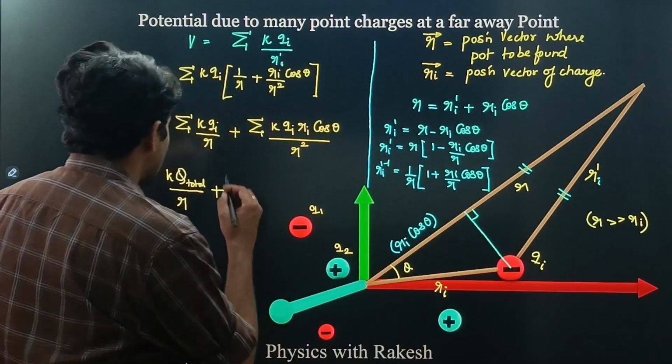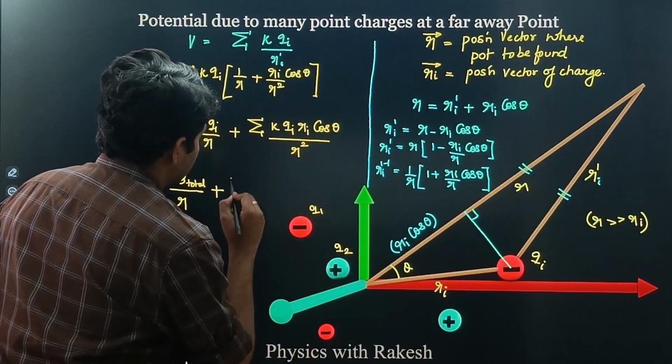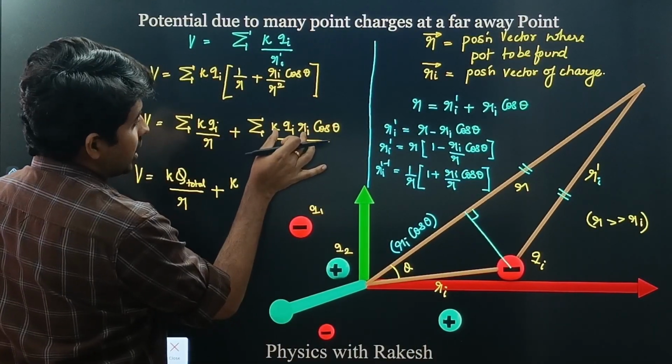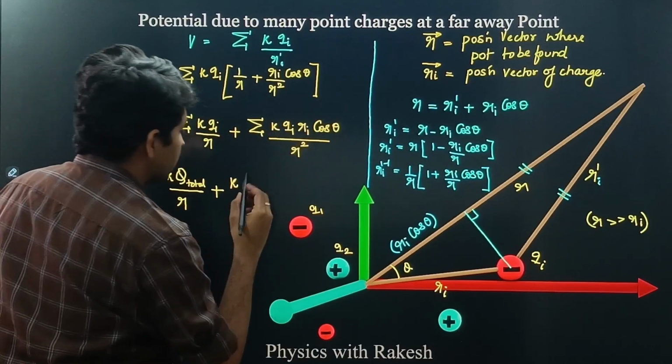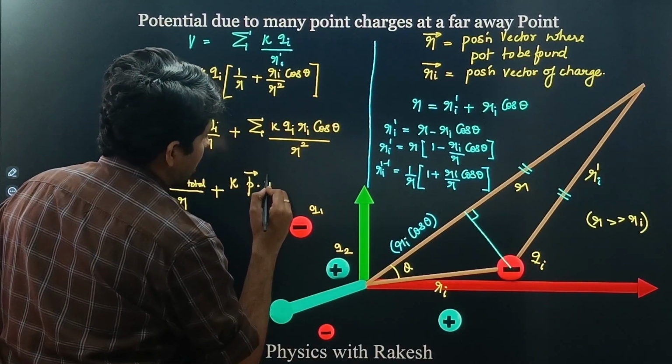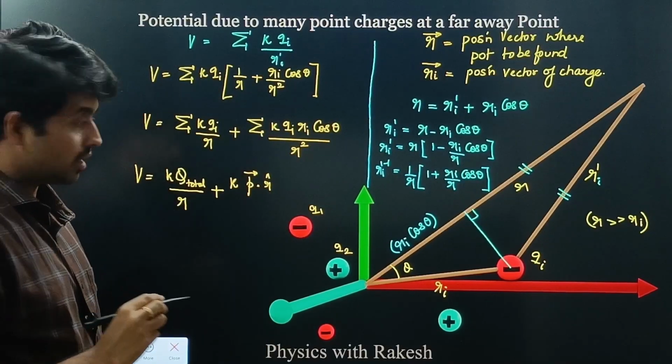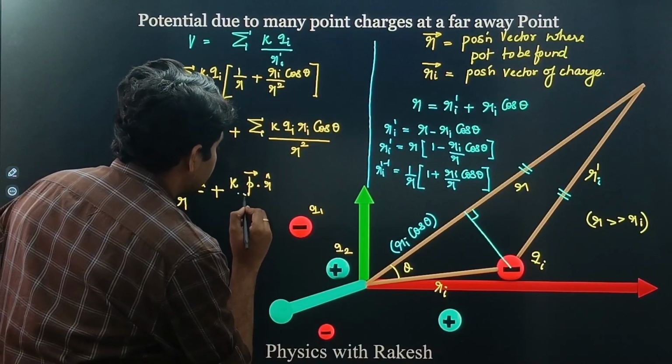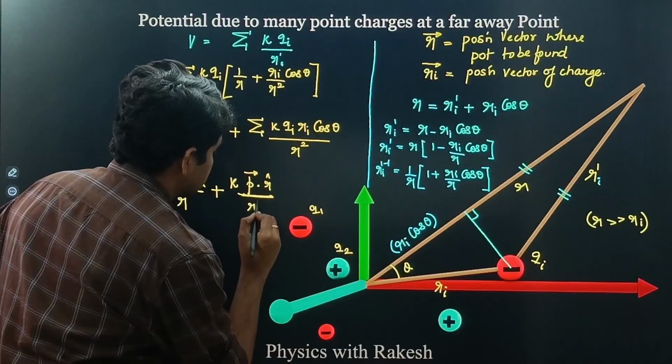So can I write this as k p bar dot r cap divided by r square.